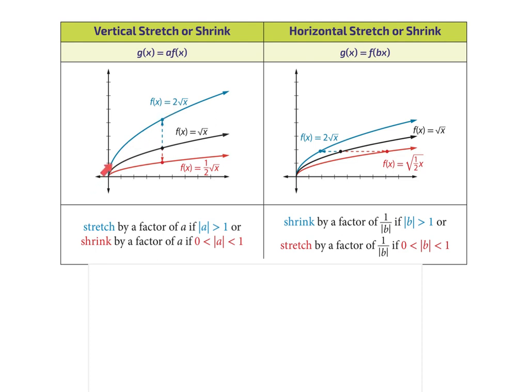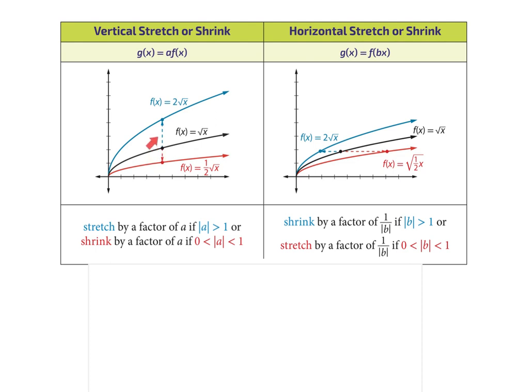And so we get this stretch that happens as we pull that out. So I have my original, and then I have this stretch that happens when I pull it out. If I look at what happens with the 1/2, it actually pushes it down. So you have a pull up or a push down on the graph. And so it causes a stretch or a shrink depending on what you have.